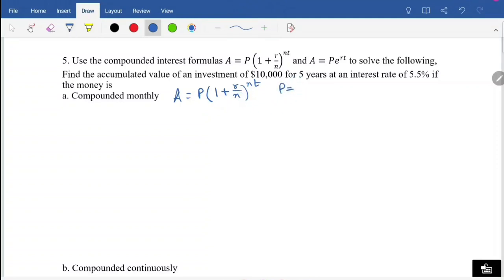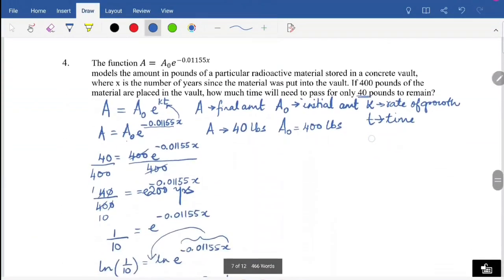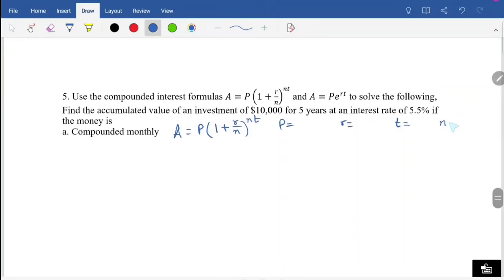All right, so we have to know what P is. Then we have to know what R is. R is the rate of interest. We have to know T, which is the period of time over which the interest is going to be calculated. And N represents the number of times the amount will get compounded.